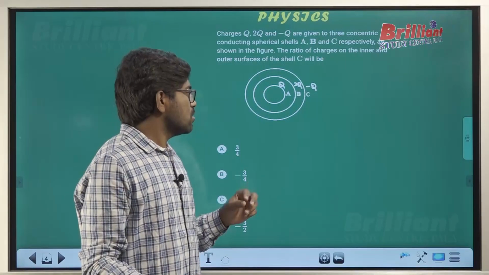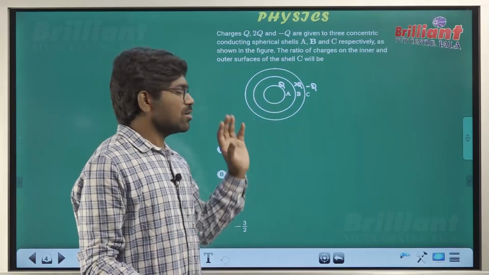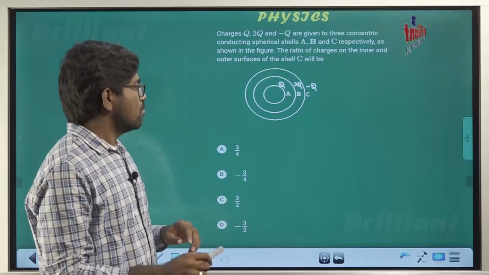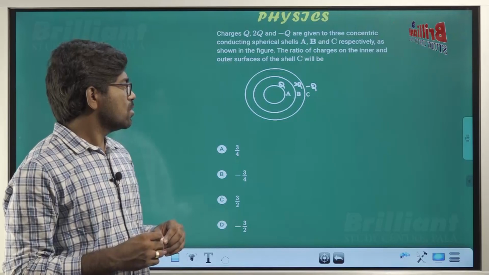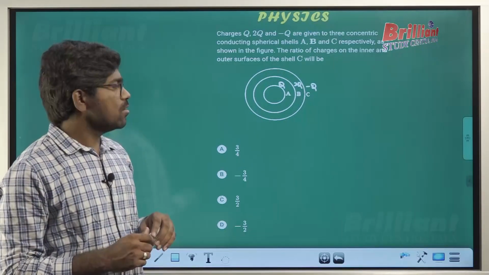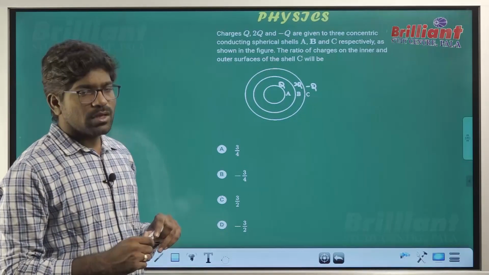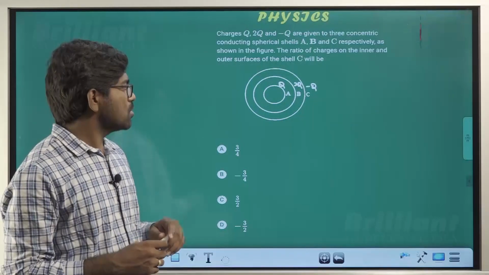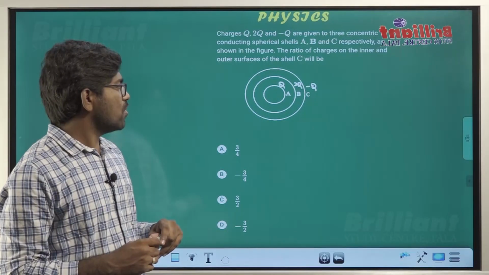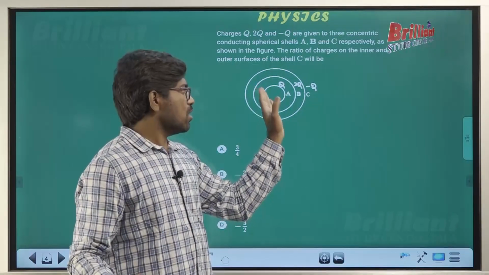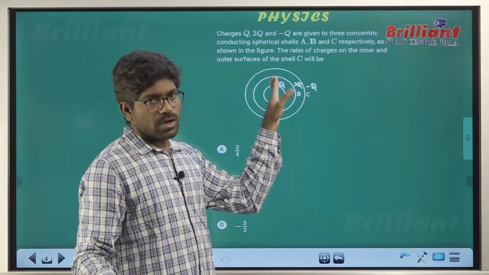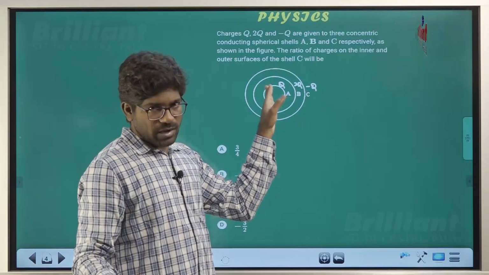You know, basically Gauss law, right? The charge enclosed in the conductor should be 0, or you can say the net electric field in the conductor should be 0. By using that concept, we know very well inside there won't be any charge. Entire charge will come out here, because there should not be any field here.